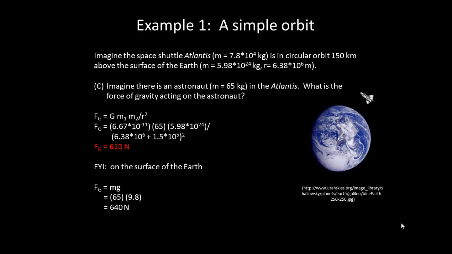For reference, on Earth, this astronaut would have a weight of 640 newtons. That's not really all that much different from if it was at the surface of the Earth. Again, that's because 150 kilometers is a small fraction of that total distance to the center of the Earth.